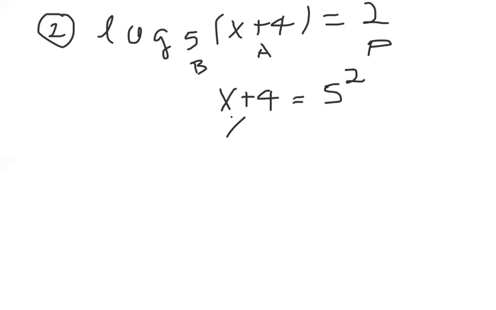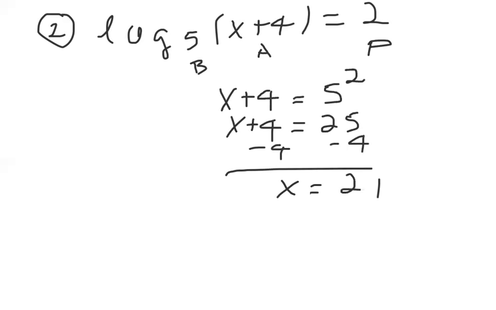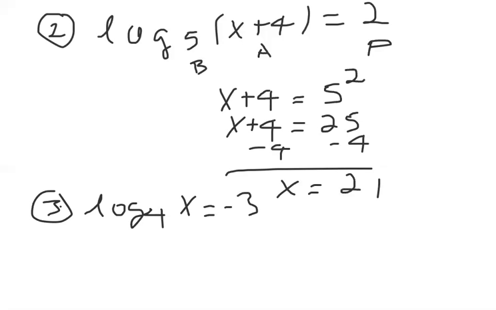So we get x plus 4 is equal to 25. We subtract 4 from both sides. So we get x is equal to 21. Any questions, guys? All right. Sounds like you guys got this one.